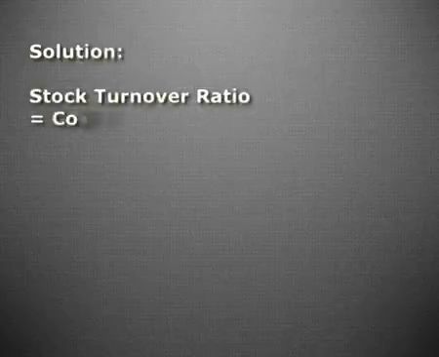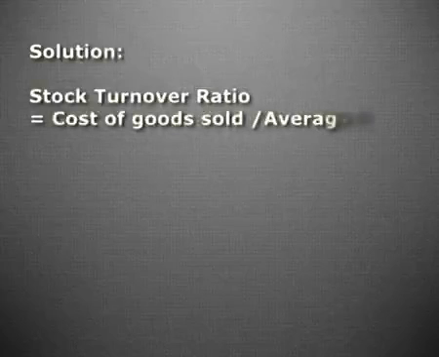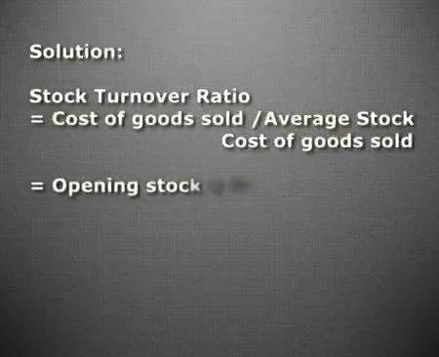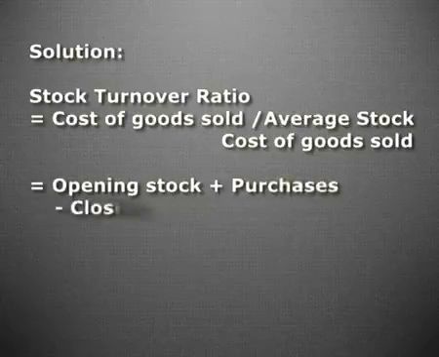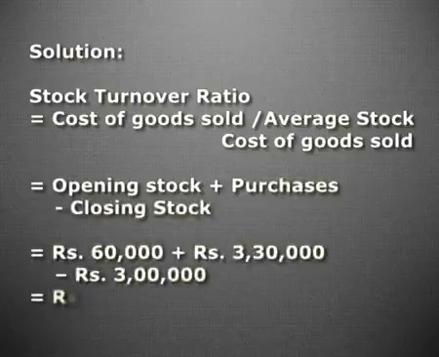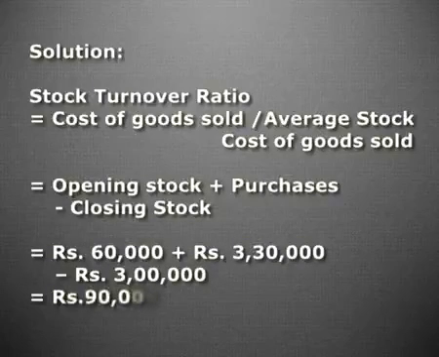Solution: stock turnover ratio is equal to cost of goods sold divided by average stock. Cost of goods sold is equal to opening stock plus purchases minus closing stock, which is rupees 60,000 plus rupees 3,30,000 minus rupees 3 lakhs, equal to rupees 90,000.